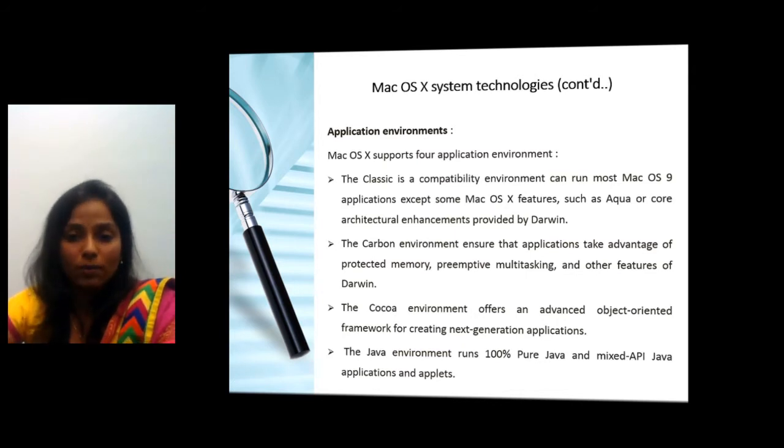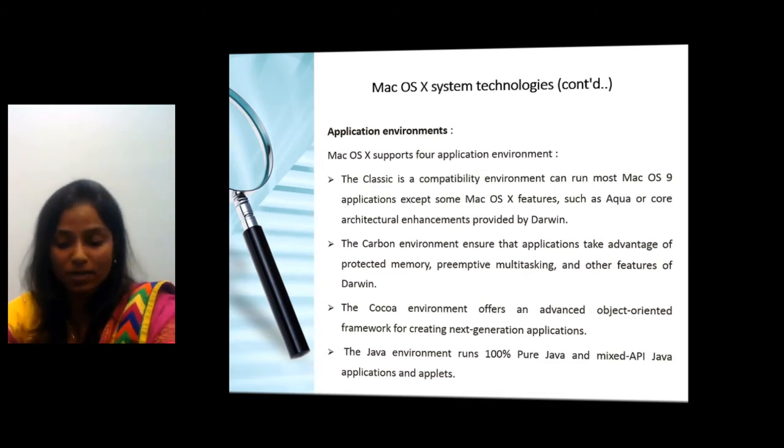The Cocoa environment offers an advanced object-oriented framework for creating next generation applications. This is the environment where object-oriented concepts are applied in order to develop applications for future generations. And the Java environment depends completely on pure Java and the mixed API of Java applications and applets.